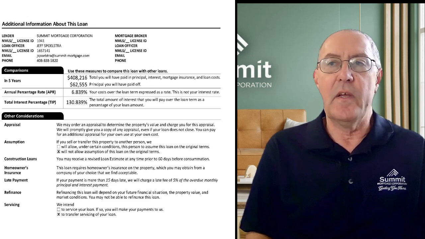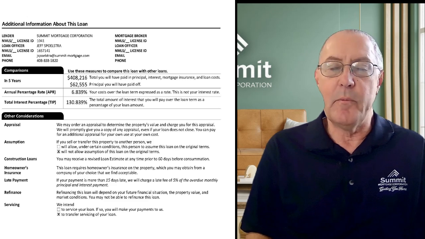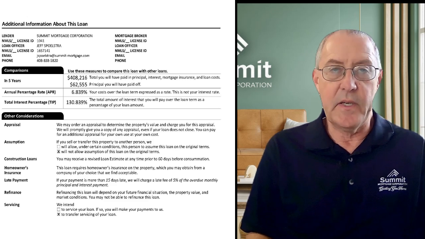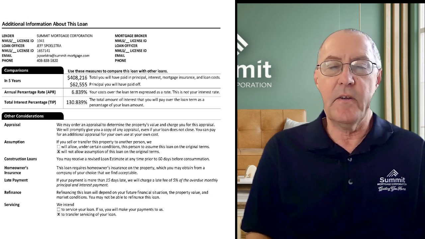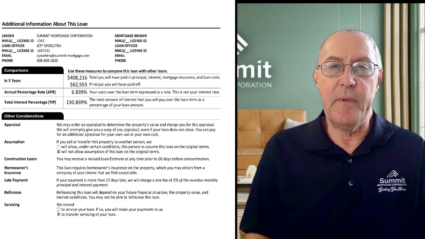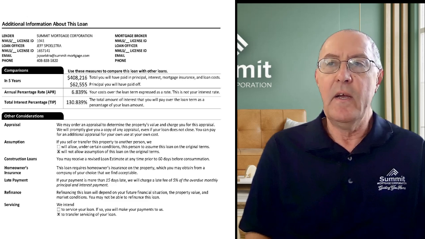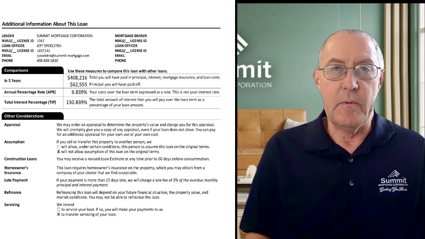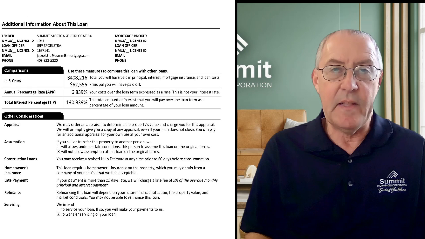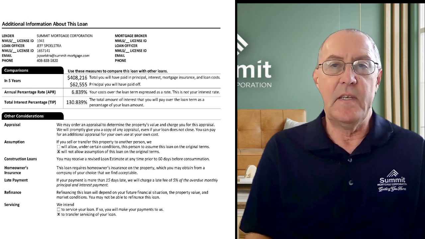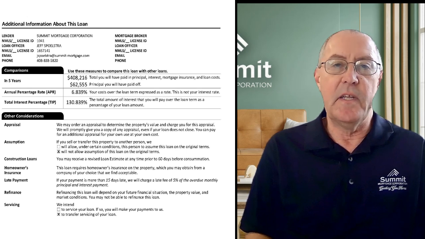Good to know, so that you don't get surprised when you get a letter in the mail after you've completed your purchase that says, hey, look, you're going to start making your mortgage payments to ABC company instead of us. That's what this is meant to tell you up front, that you're going to get a letter like that, because the lender that is originating this loan for you doesn't intend to keep it and doesn't intend for you to keep making payments to them.